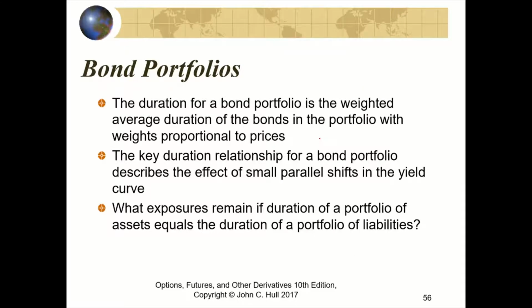So why is this measure important? Well, if we are managing a portfolio of bonds, then we can construct a duration for the bond portfolio by considering the duration of the bond portfolio to equal the weighted average duration of the bonds included in the portfolio. And this will tell us how sensitive our bond portfolio is to changes in the yield.